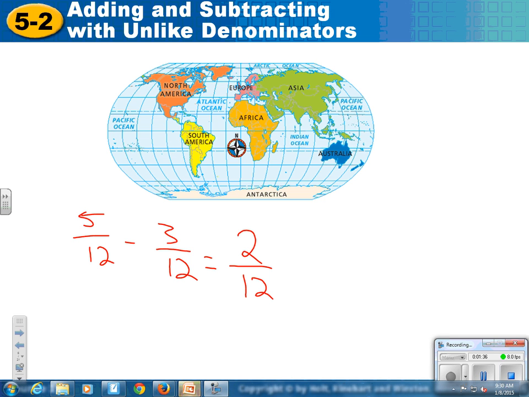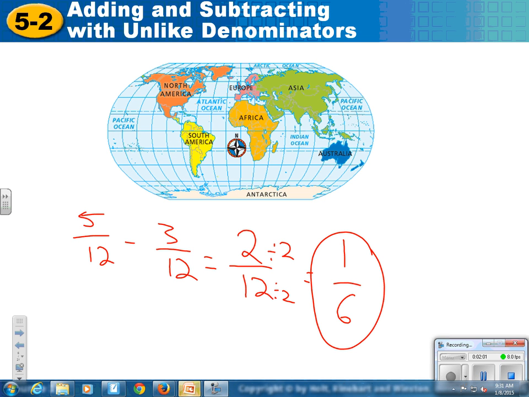Now, is that a good answer? Let's reduce it. What should it be reduced to? Divide top and bottom by 2, and it comes up with 1 over 6. And there's my answer. When we have a common denominator, it is much, much easier. Actually, that's what we have to have.